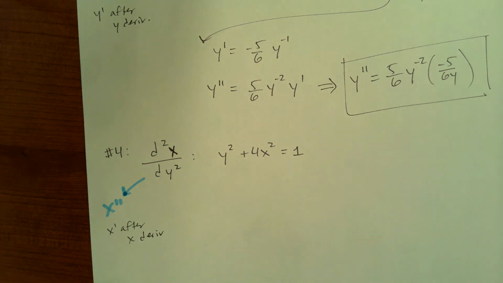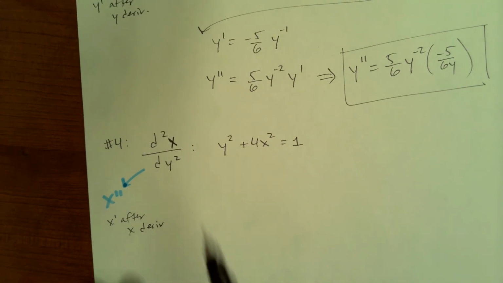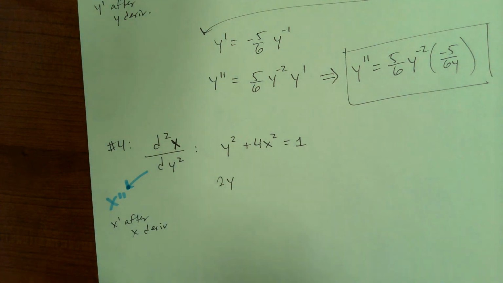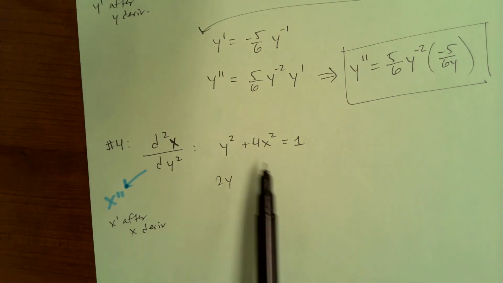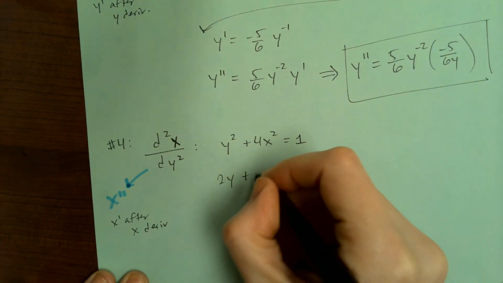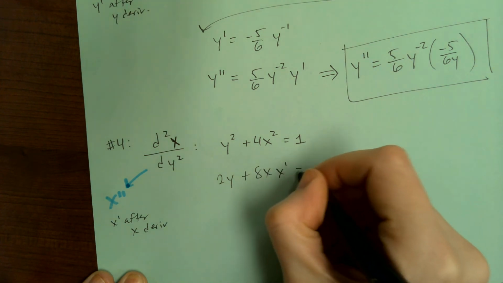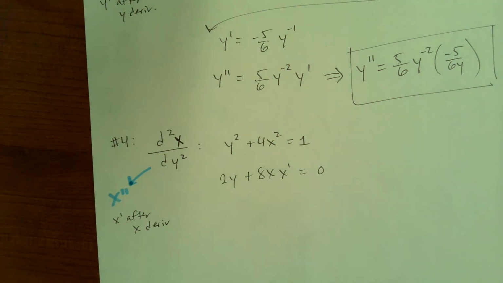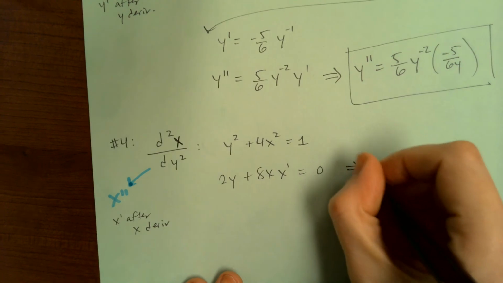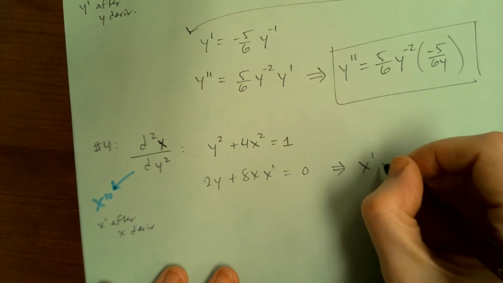Okay, so now we're going to take the derivative. So the derivative of y squared is 2y. You don't need a y prime because they're asking for, because of this, what I wrote down here. Plus, this is 8x, x prime equals derivative of 1 is 0. Then you solve for the first derivative, which is x prime.